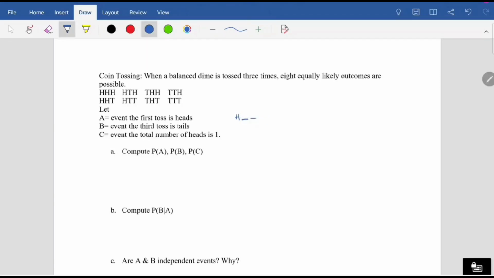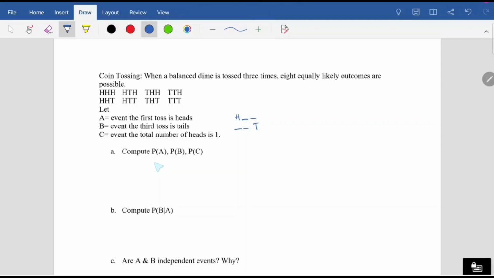Doesn't matter what the other outcomes were. B is event the third toss is tails, so the last one will be a tail in that case. And C is event the total number of heads is 1. That means there has to be 1 head and only 1 head in the outcomes, in the combination.